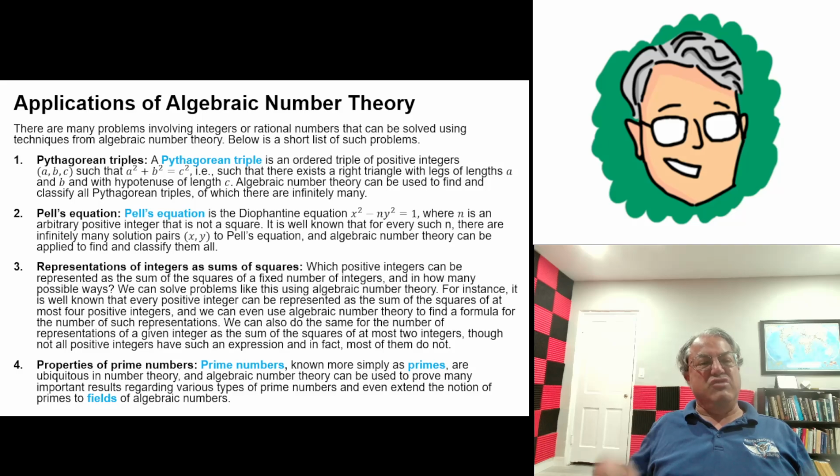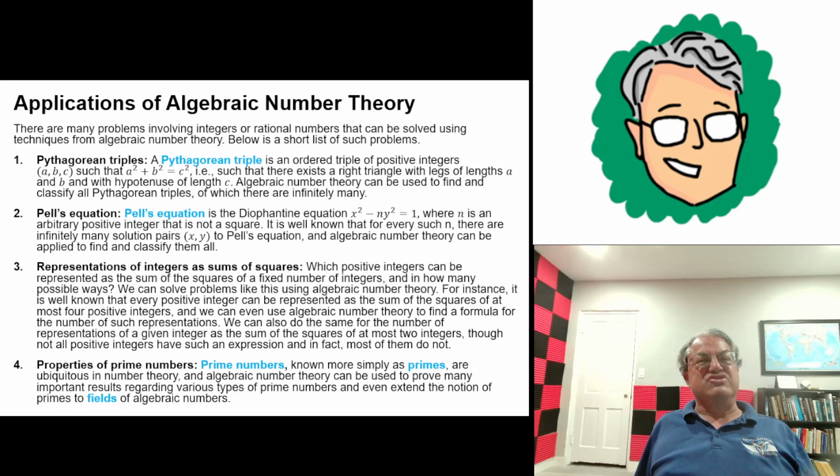And not only that, remember how I mentioned that algebraic number theory isn't really just concerned with integers and rational numbers. You can even extend the notion of prime numbers to other types of number fields. You can talk about prime numbers in algebraic number fields. That's what's kind of neat.